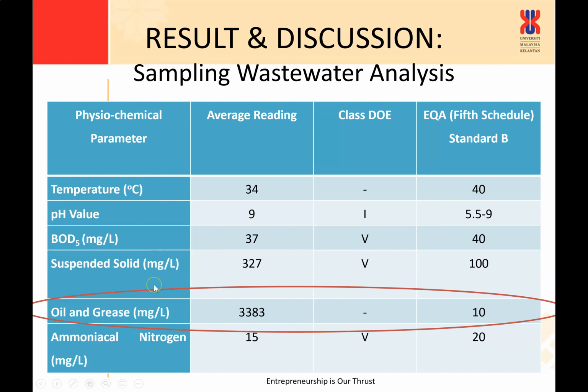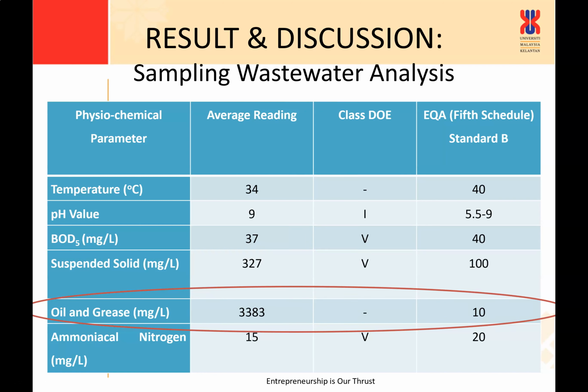There are 3 parameters that exceed the threshold critically, which are oil and grease, which is 3,383 while the standard limit is only 10, suspended solids 327, where the standard limit is only 100, and COD, which is not listed here.